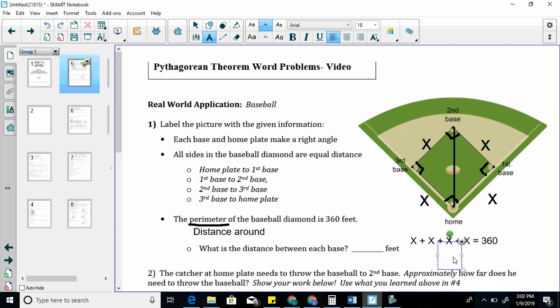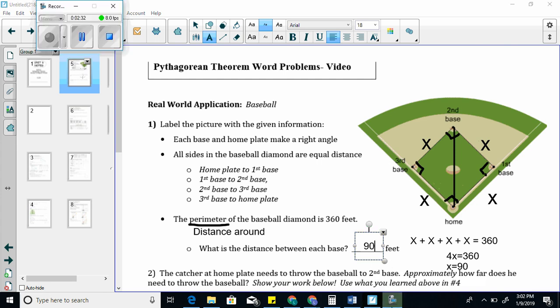AKA, what does this mean? This means that 4x, we're adding them all up, equals 360. To solve for x, we're going to divide each side by 4. And when we do that, we get x equals 90, which means each length from home to first is 90 feet.